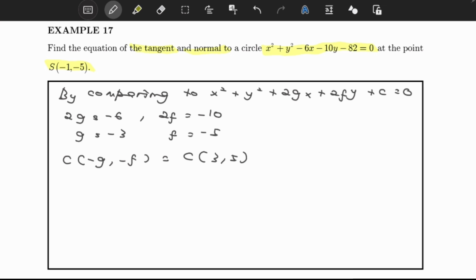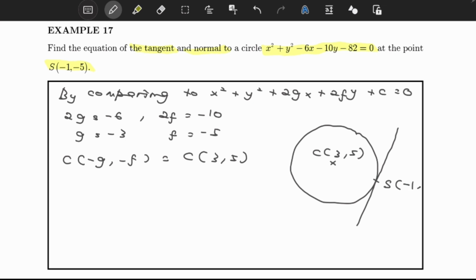For clearer understanding, let's sketch a simple diagram. This is a circle with center C, 3, 5, and there's a tangent touching the circle at point S, -1, -5. Connect this.